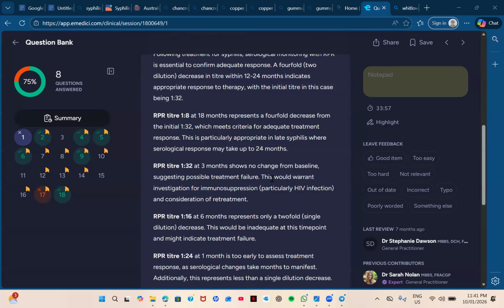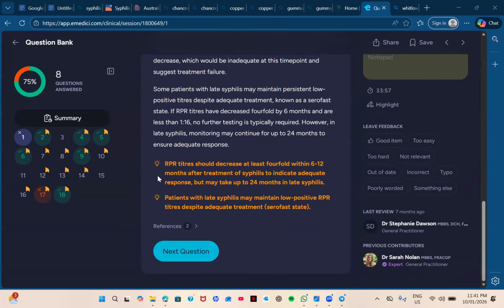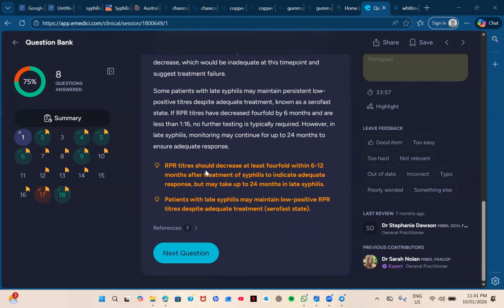What is mentioned here: RPR titers should decrease at least fourfold within 6 to 12 months after treatment of syphilis to indicate adequate response, but it may take up to 24 months in late syphilis. So why not the others?